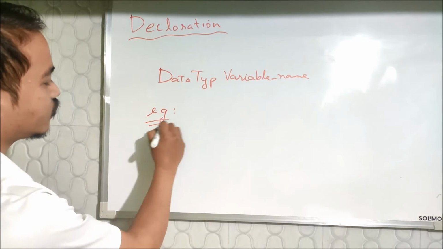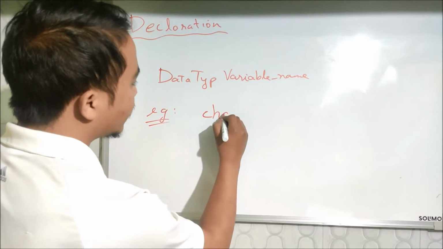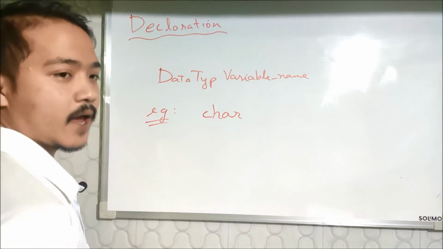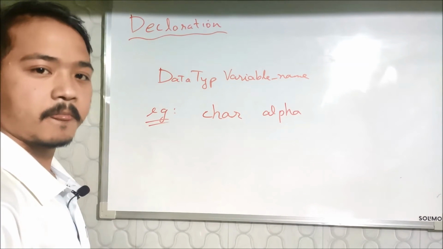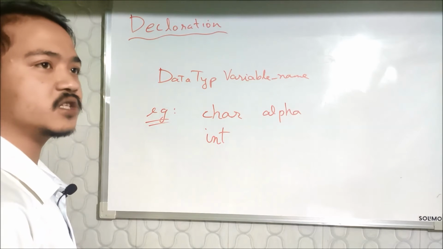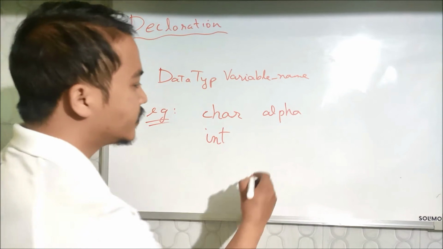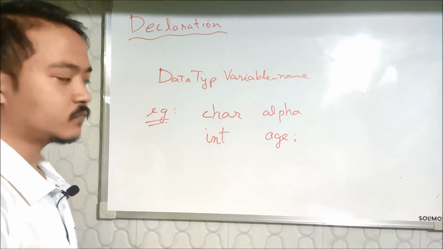This is a simple syntax of how to declare a variable. Example, let's say if you want to declare a character, char, which is the data type, and you give alpha. Example again, if you want to store an integer, let's say age, you will give age.